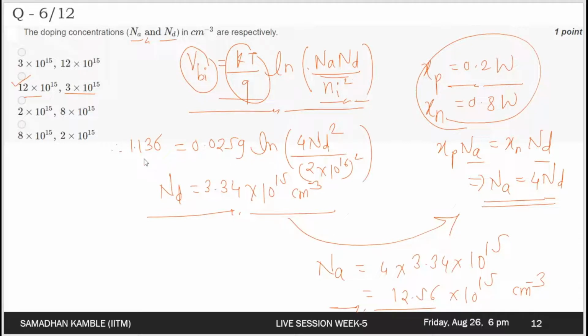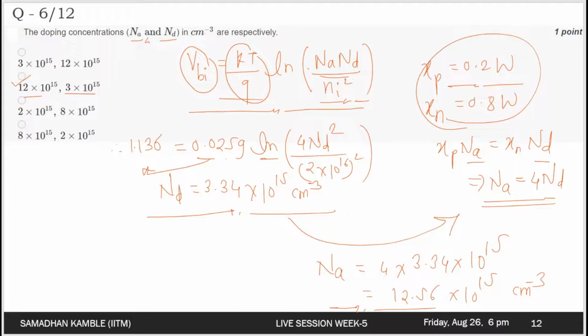We can rearrange: 0.0259 will go here, and we can apply the exponential on both sides, so ln will get cancelled. So exponential of 1.136 divided by 0.0259 will be equal to 4 times ND square by this particular value square. So we can find the value of ND simply. Sure, sir. Thank you, sir.